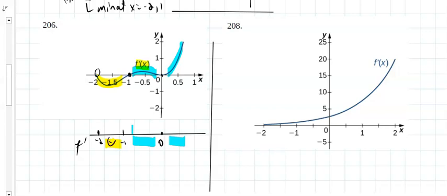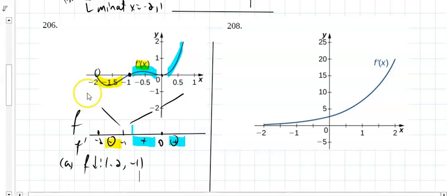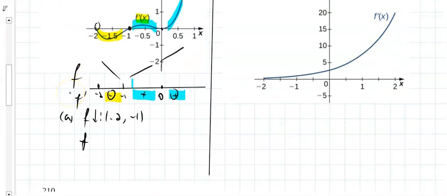So f prime is negative between -2 and -1, and it's positive for the rest, that means f was decreasing, then increasing some more. State that f is decreasing from -2, not negative infinity, because we start at -2, all the way to -1. F is increasing from -1 to 0, union with 0 all the way to infinity. B, we have a local min at x equal -1, and that's about it.